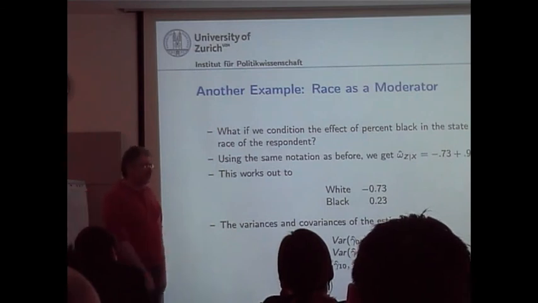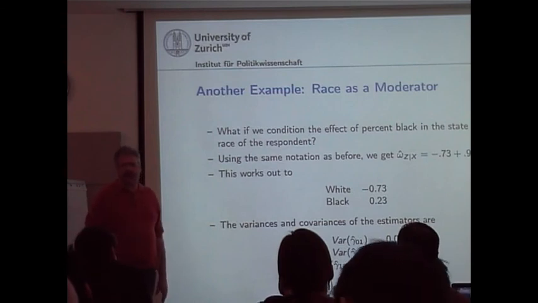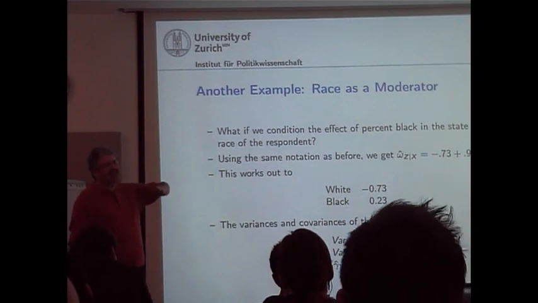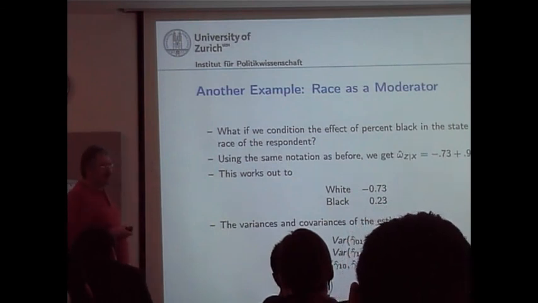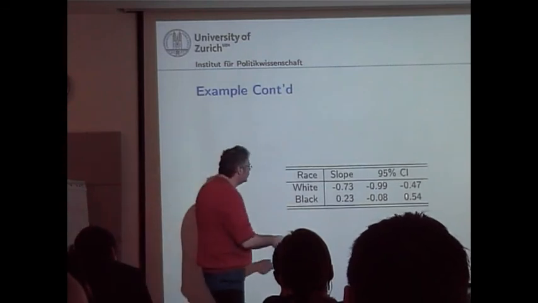And for blacks, you get 0.23, which is not quite significant, but suggests a slight tendency for blacks to become more favorable as the percentage of blacks in the state increases.